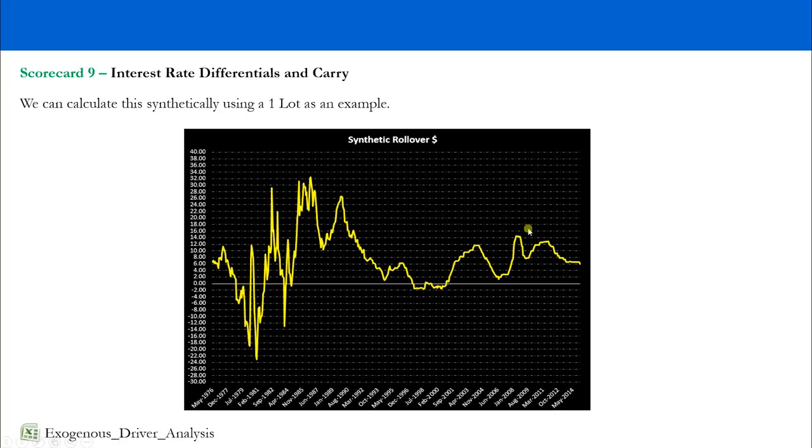So with a positive carry, at the moment, what we're receiving on Aussie dollar, US dollar, if we're long, is around $6 per day. But if we're short, that's what we're paying out. However, back here in 2011, we were paying out double if we were short and receiving double if we were long. So as this depletes, what you see is speculative money coming out of the Aussie dollar.